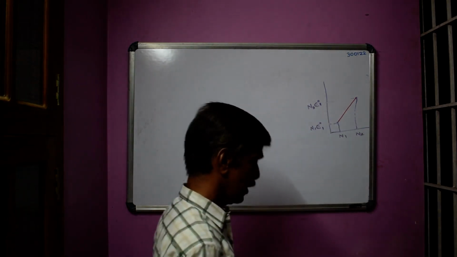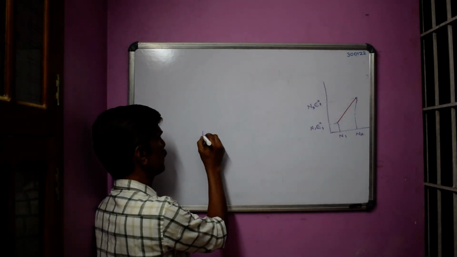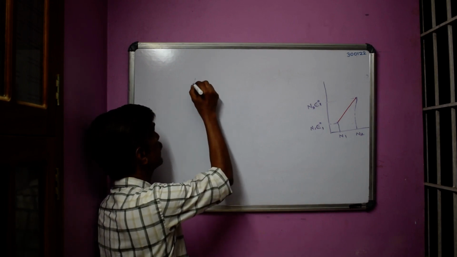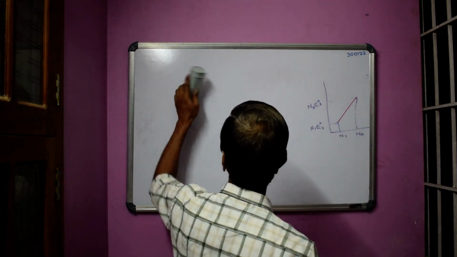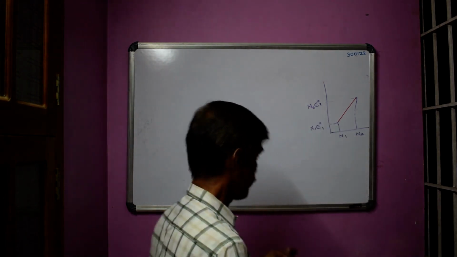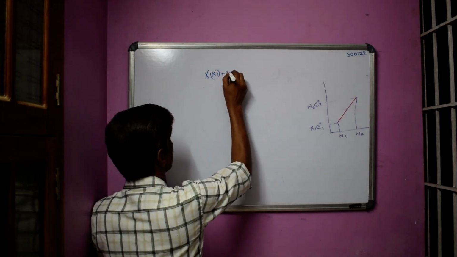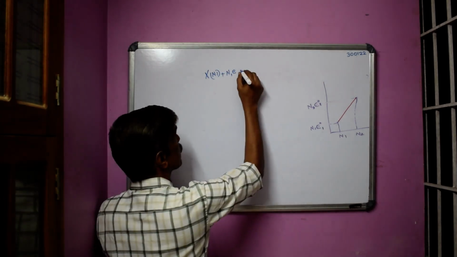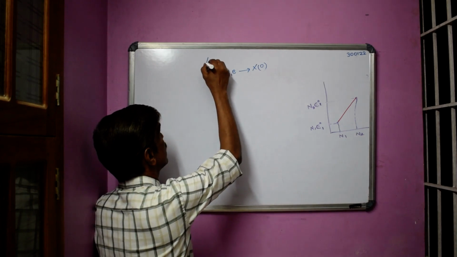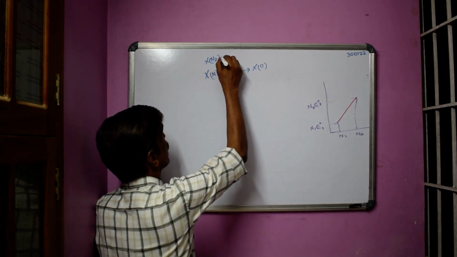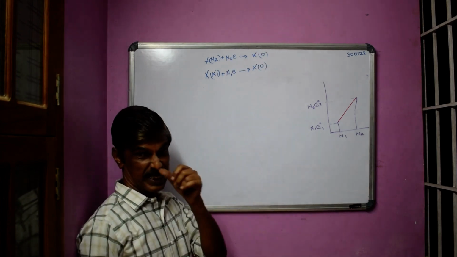Representing the first point, I have written: the element x in the N1 oxidation state plus N1 electrons giving x in the 0 oxidation state. The other one is x in the N2 oxidation state plus N2 electrons giving x in the 0 oxidation state, isn't it?